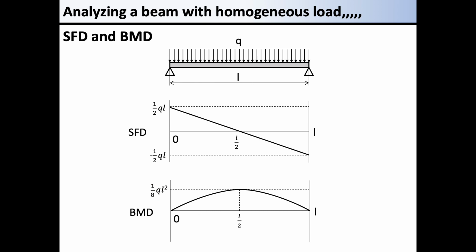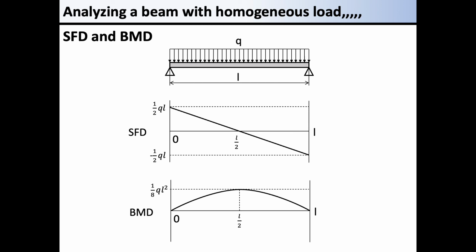The distribution of the shear force and this distribution of the bending moment that we have just obtained is shown here. These diagrams are the SFD and BMD for this problem. You can see that SFD is a linear function and BMD is a quadratic function.